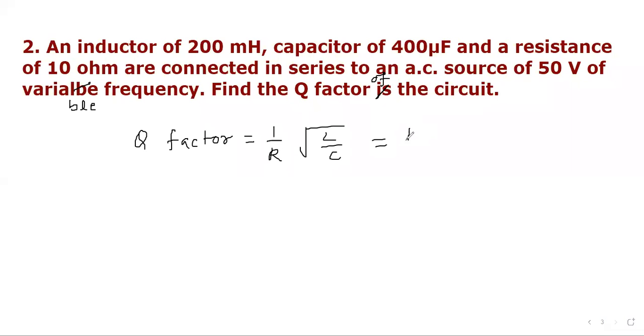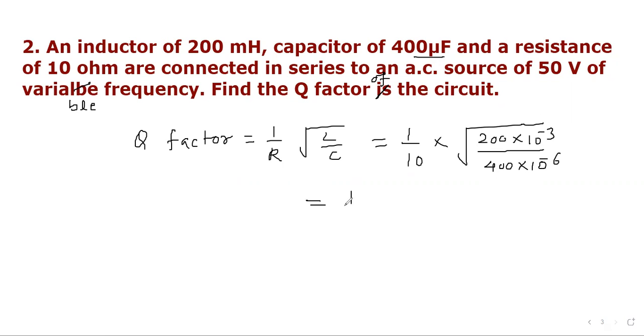Resistance is 10 ohm, so 1 upon 10 times root of L. L is 200 millihenry, 10 power minus 3, divided by C is 400 microfarad, 400 into 10 power minus 6.